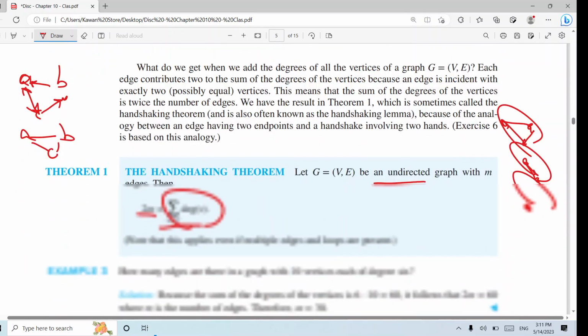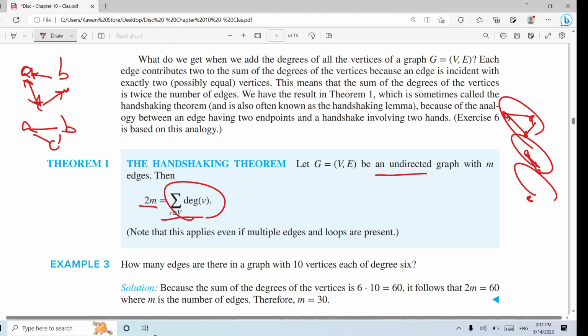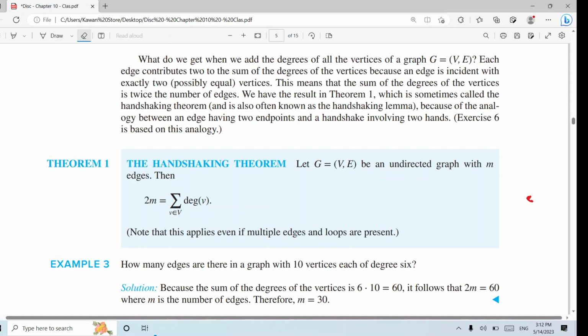In an undirected graph with m edges, what do we mean by m edges? It means, for example, 1, 2, 3, I have 3 edges. So 2m is equal to the sum of the degrees of V. Generally, what do we mean by that? How about the summation of degrees?